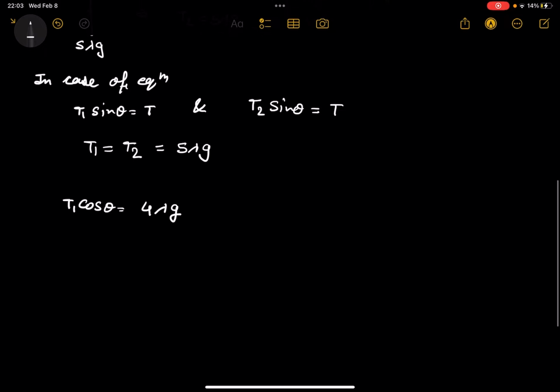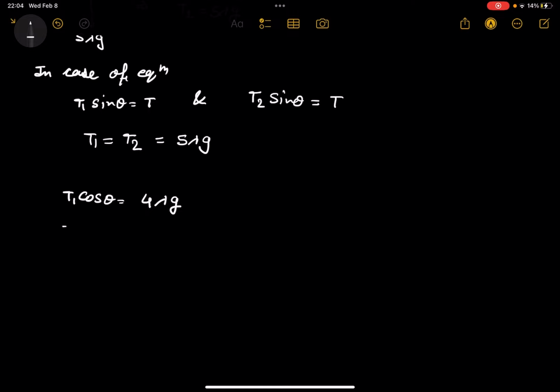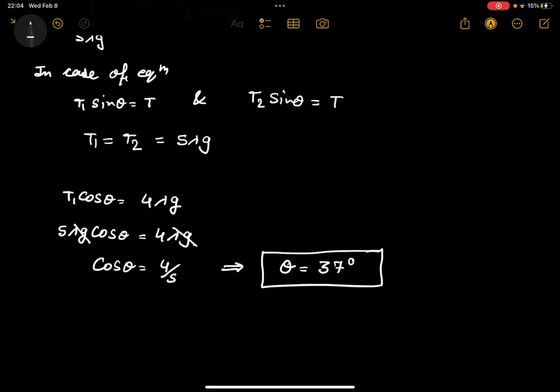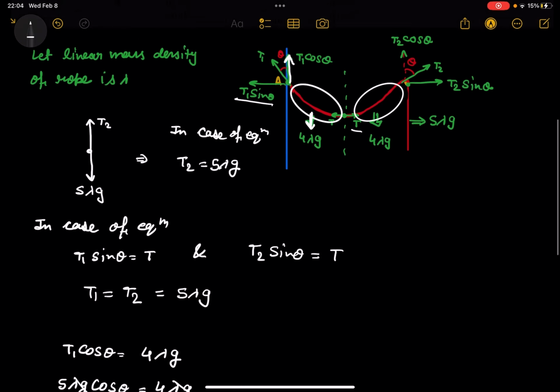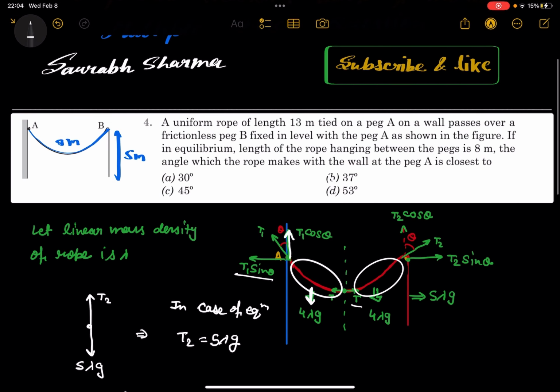My dear friends, T1 is 5 lambda g, so 5 lambda g into cos theta is equal to 4 lambda g. Lambda g cancels out. Cos theta is equal to 4 by 5. That means theta is equal to 37 degree. So at A, the angle of the rope is closest to 37 degree.